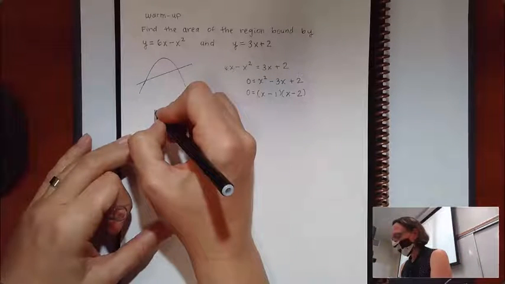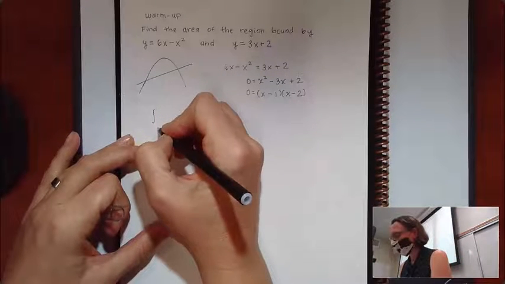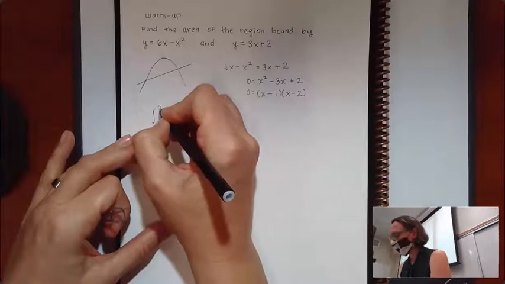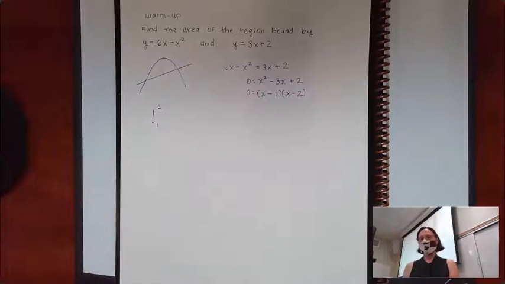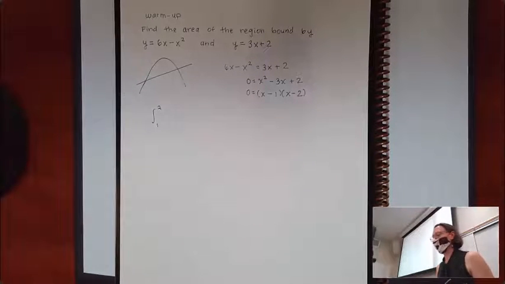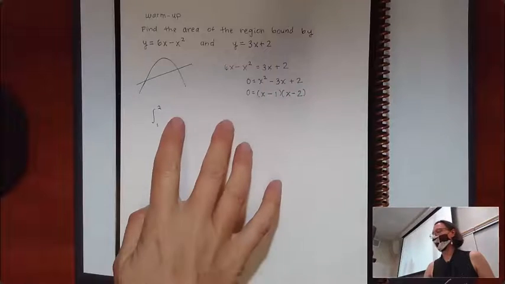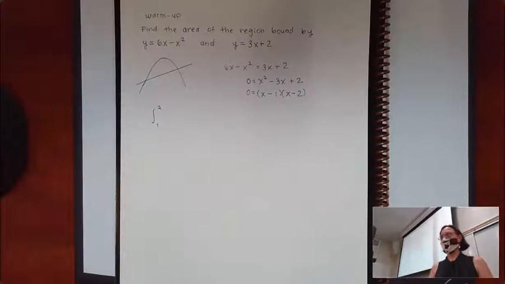So now if nothing else, partial credit wise, I know my limits are from 0 to 2 on the integral. But I'm going to give you all a little bit more time to set up your integral, find that antiderivative, plug in the endpoints.